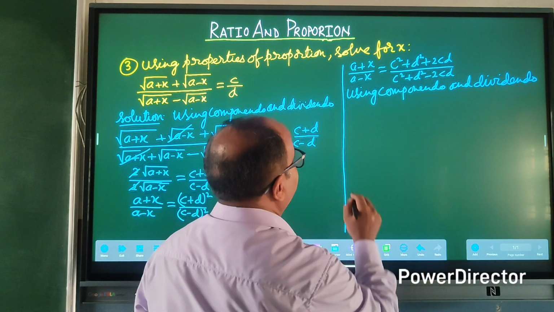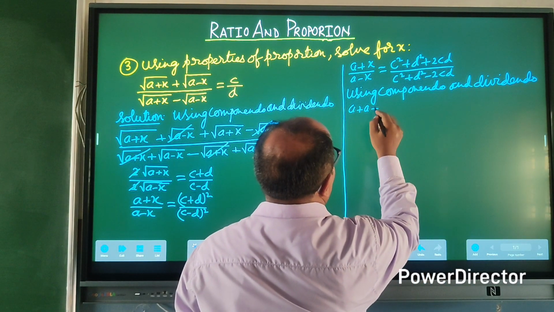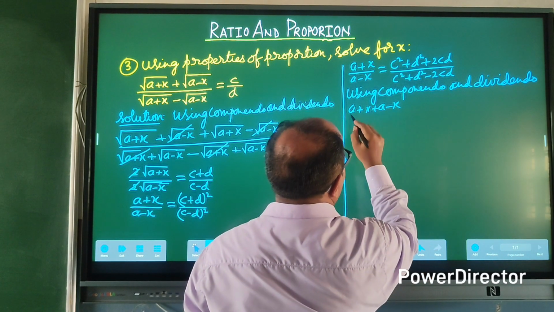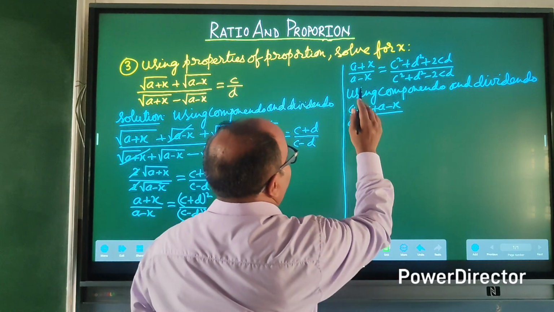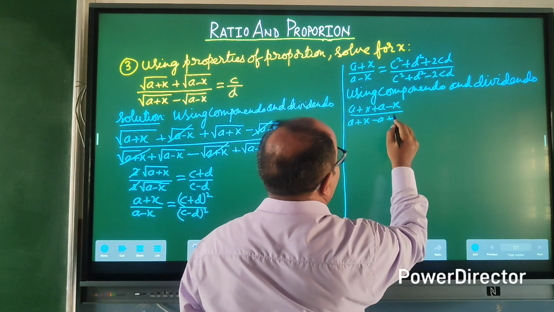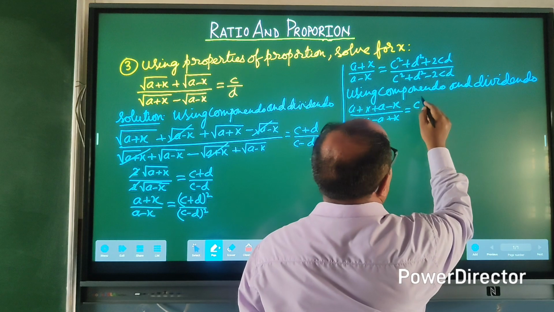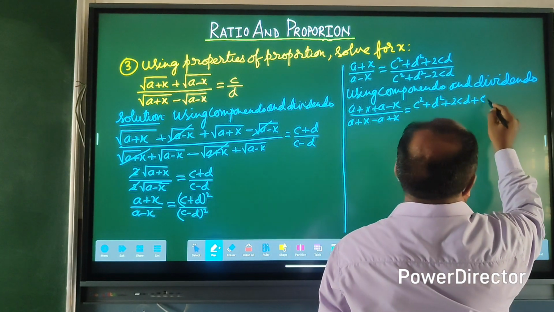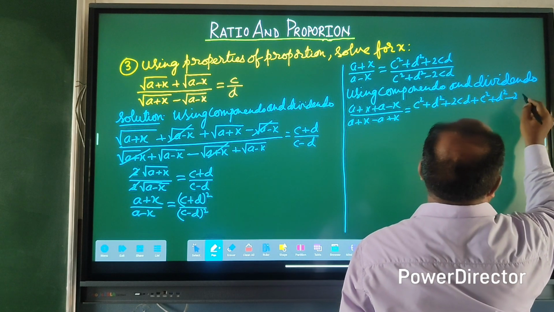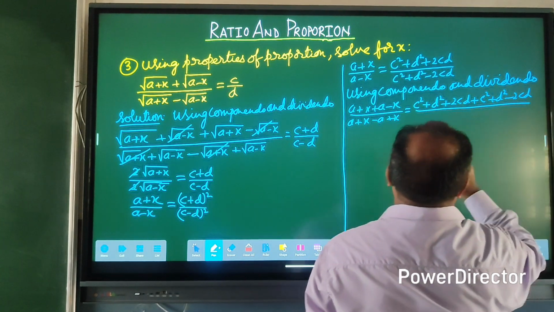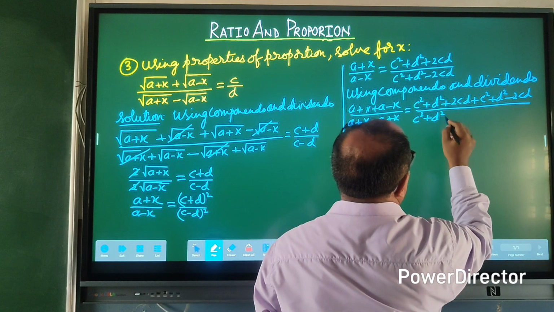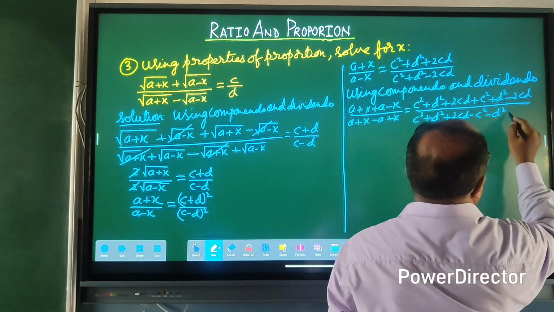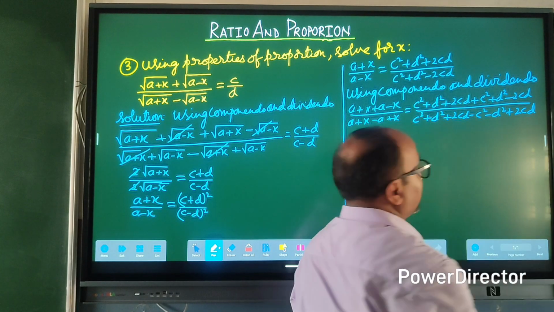Using componendo and dividendo, I get here a plus x plus a minus x, and then a plus x minus a minus x. This side, c square plus d square plus 2cd plus c square plus d square minus 2cd. The denominator, c square plus d square plus 2cd minus c square minus d square plus 2cd.